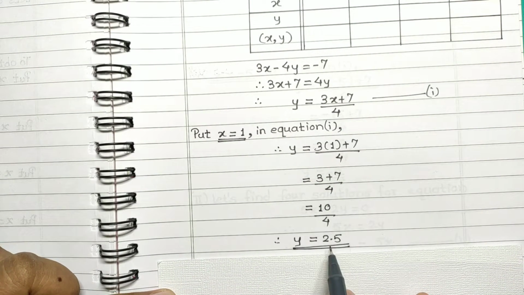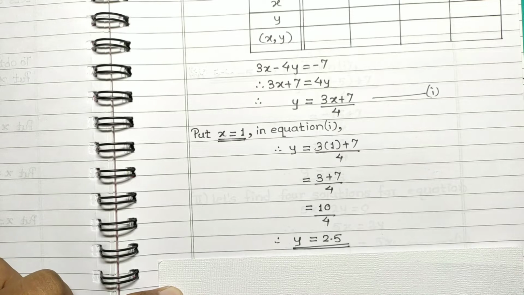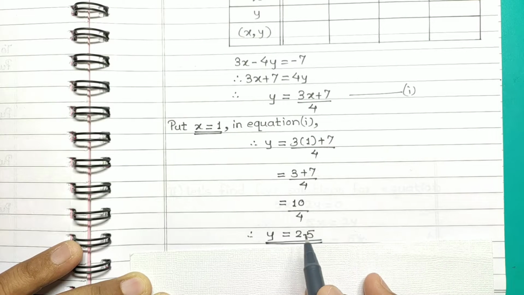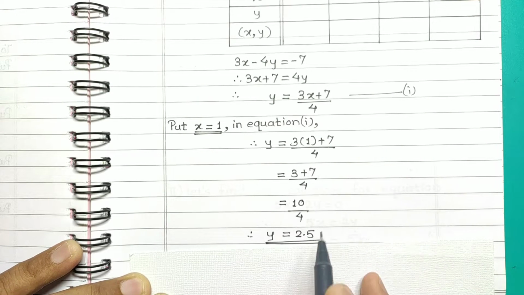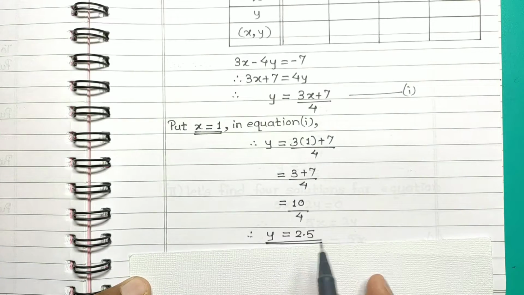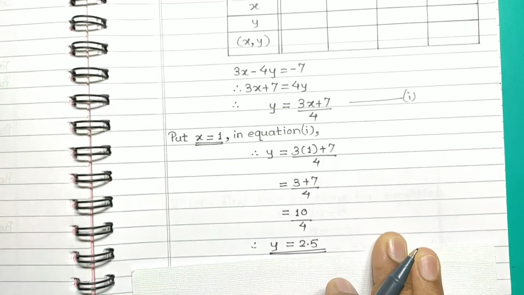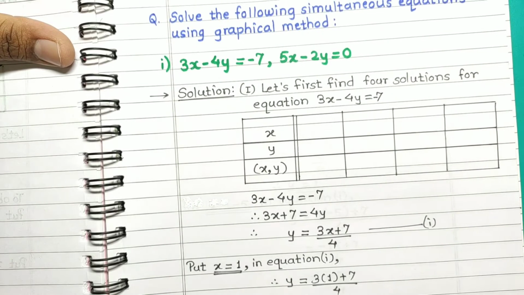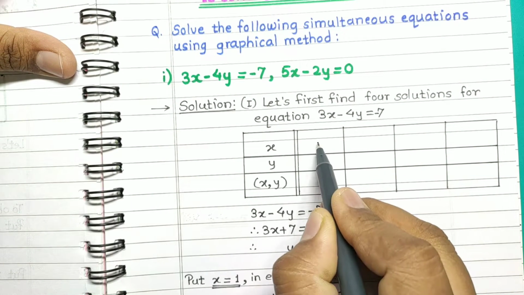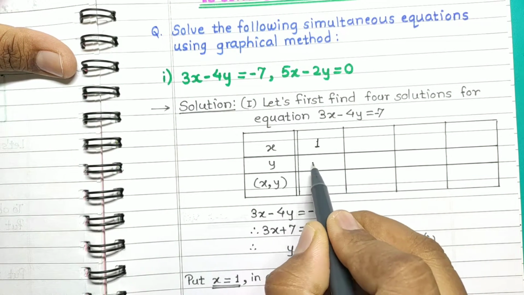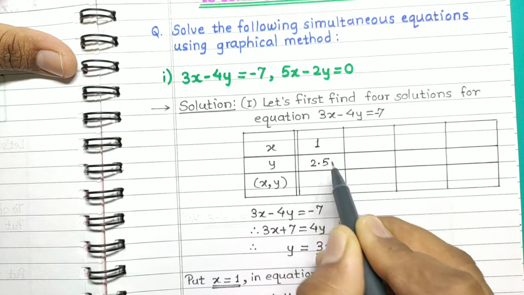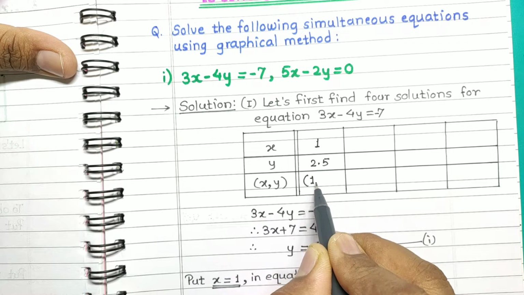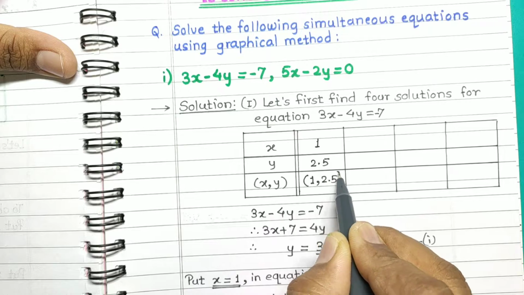So we have y is equal to 2.5. See, although it is a fraction, it is easy to plot on a graph. So for x is equal to 1, we get y is equal to 2.5. So the first ordered pair is (1, 2.5).